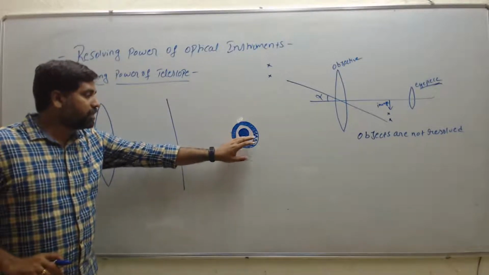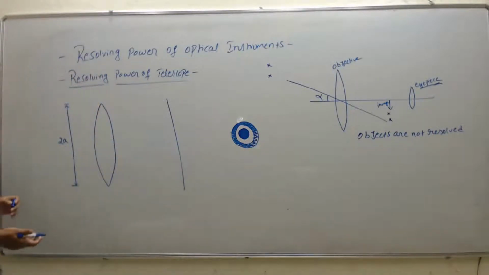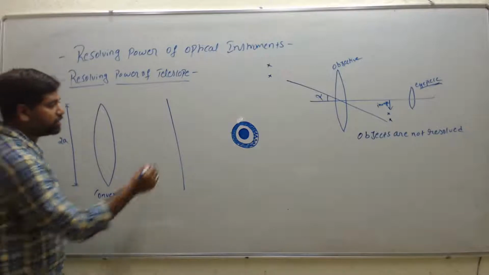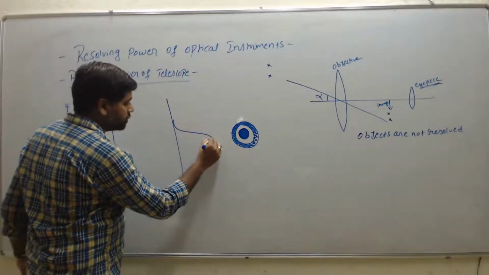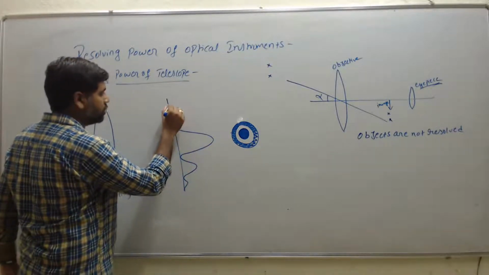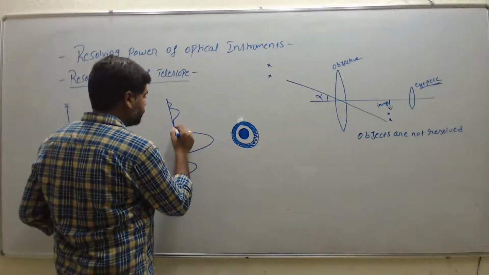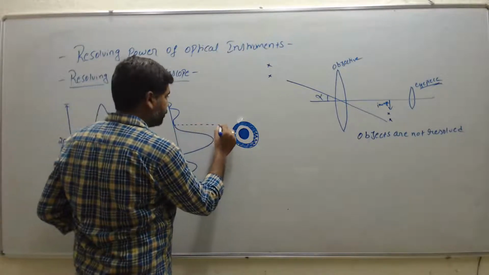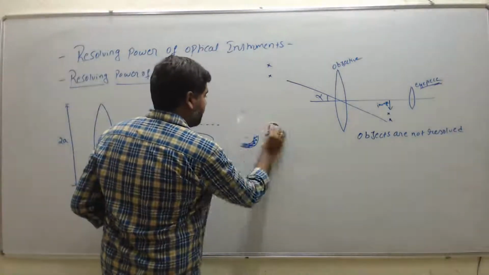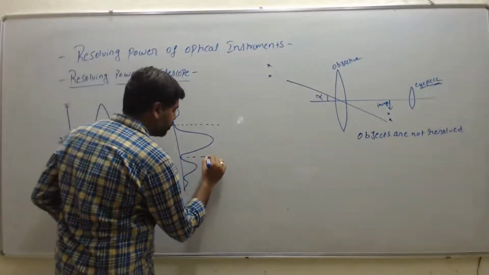In the middle we are getting the bright region. After that we are getting alternate dark and bright patterns. What happens here is, this one is the convex lens, and here the diffraction takes place. So we get patterns like this. At the center, that is for here, this is the bright region from here to here.